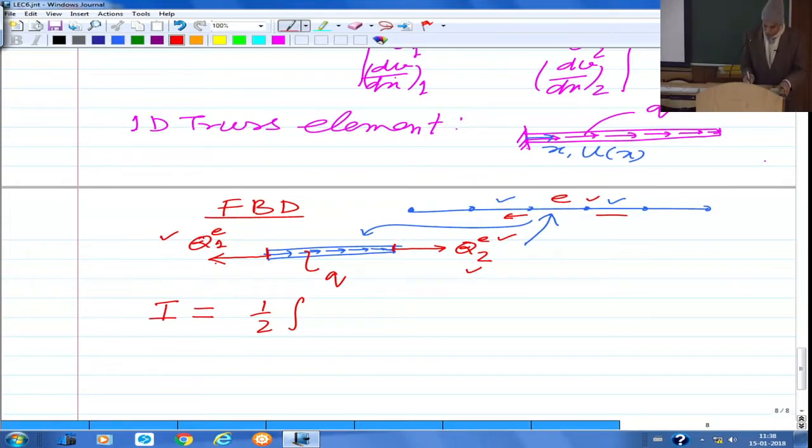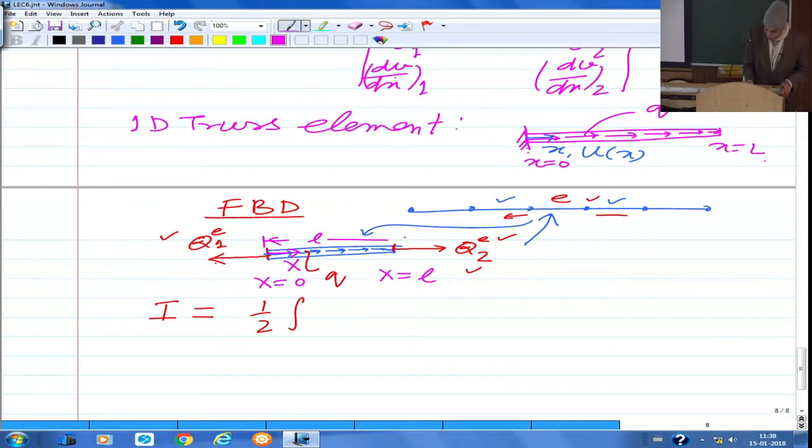And let me also do one more thing, let me also introduce a local coordinate system. So x is the global coordinate which has its origin here, x equal to 0 here and x equal to L here. Now let me take a local coordinate system, say capital X here. So capital X is 0 here and capital X is equal to small l, where small l is the length of this element.